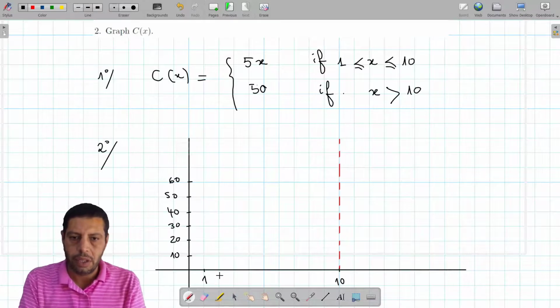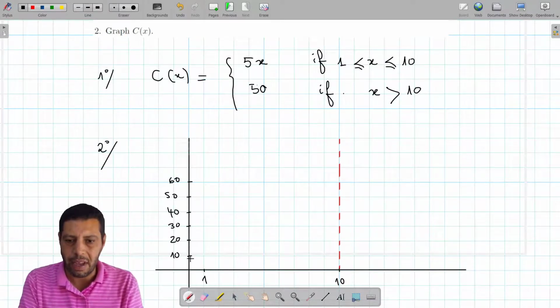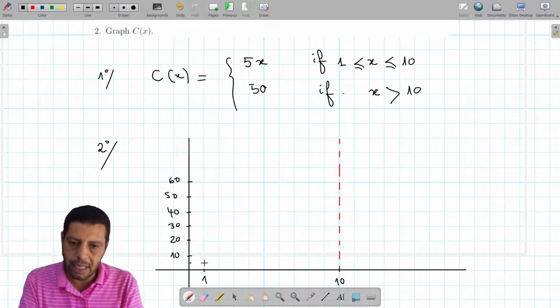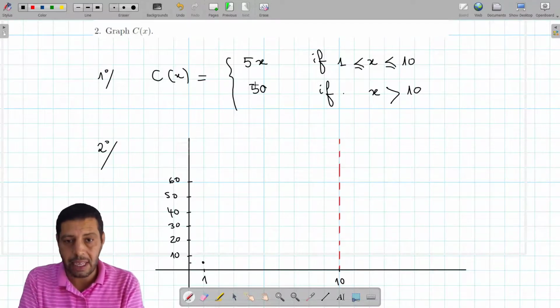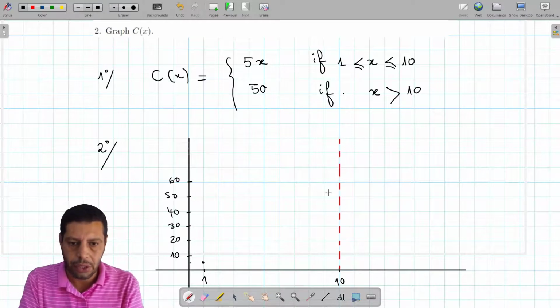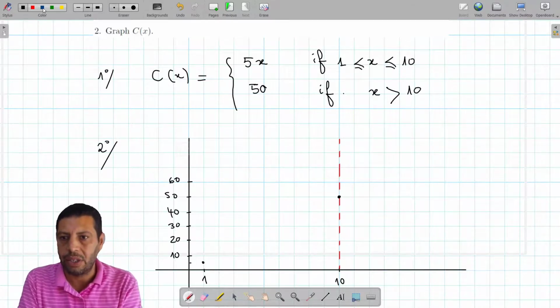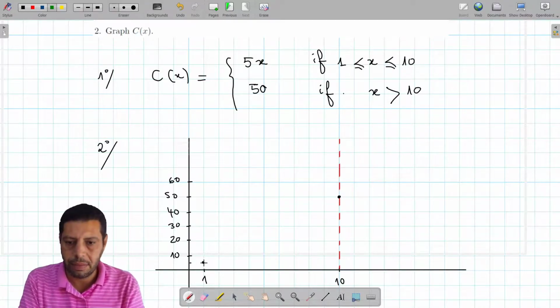We can draw for x equals 1, the output c of x is 5. So we have a first point here. And for x equals 10, it's going to be 50. So the point will be here, and we have a linear function, so the graph will be a line. So let's draw this first line from 1 to 10.